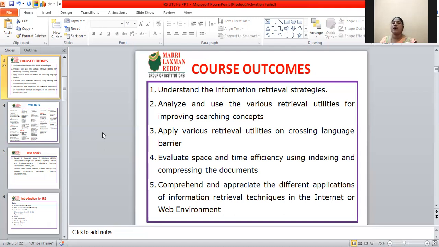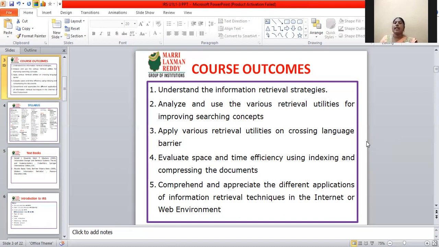Coming to the next objective: apply various retrieval utilities and cross the language barrier. Applying various retrieval utilities means applying different mathematical equations. We have to calculate the relevance feedback and the weight of the Boolean operators, and use searching algorithms and searching techniques.